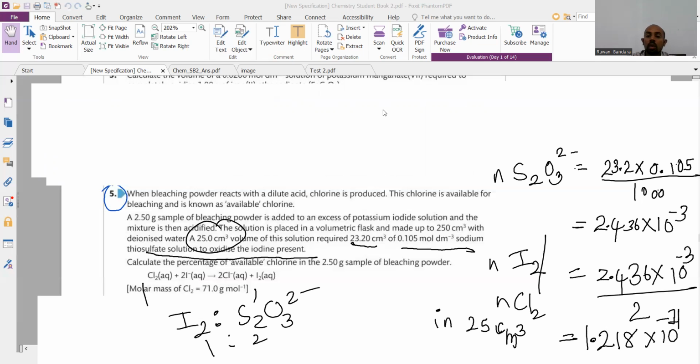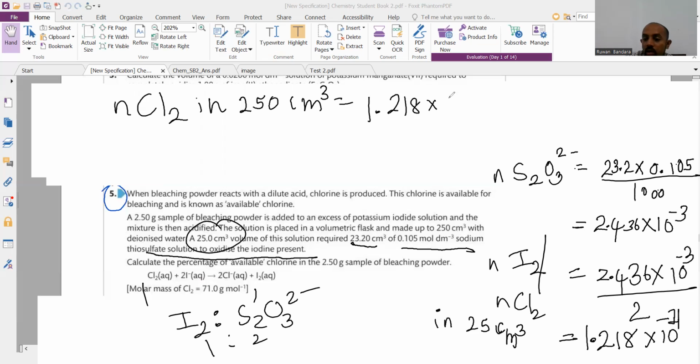And this amount is present in 25, now therefore moles of chlorine in 250 is 1.218 into 10 to the power of minus 2.